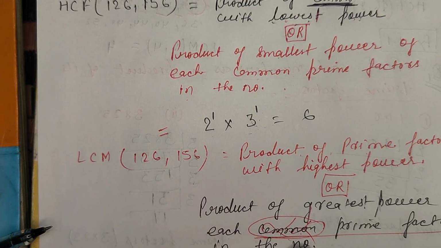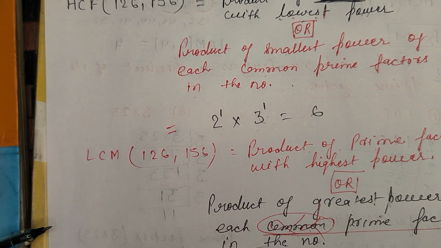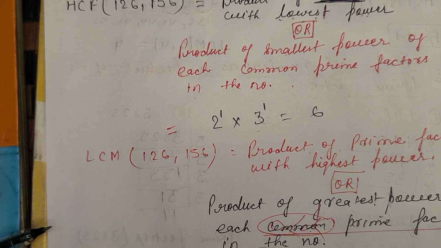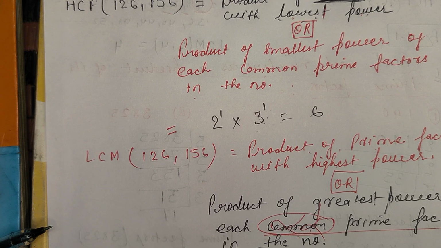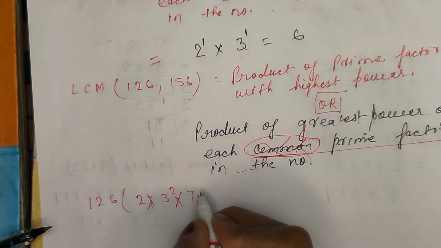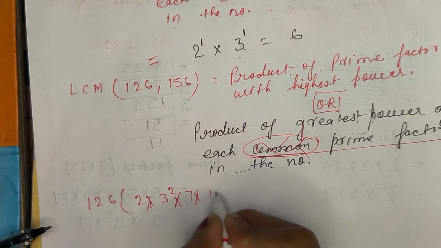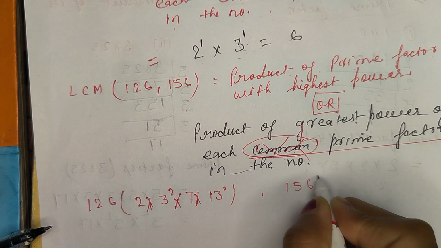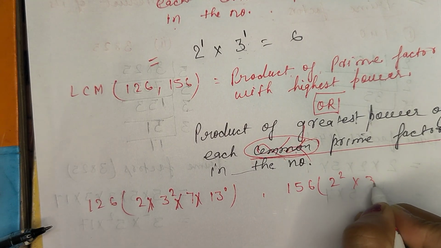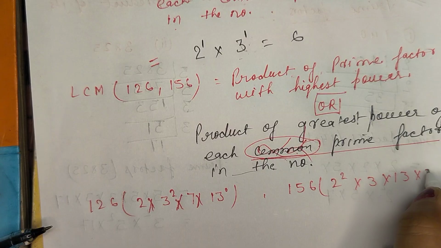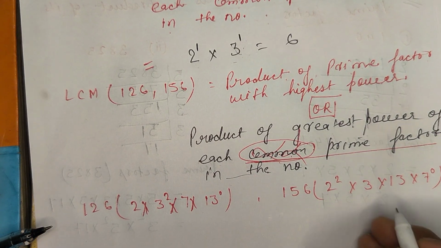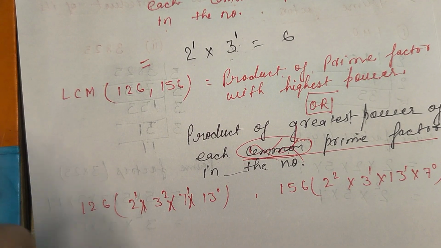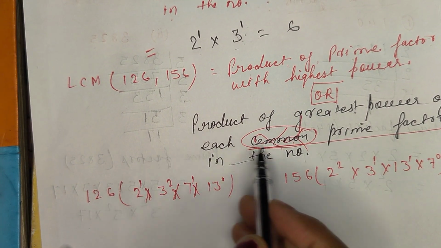We can see 126 is 2 power 2, 3 power 2, and 7, and 156 is 2 power 2, 3, and 13. The others are power 1. We take the product of the greatest powers of the prime factors.